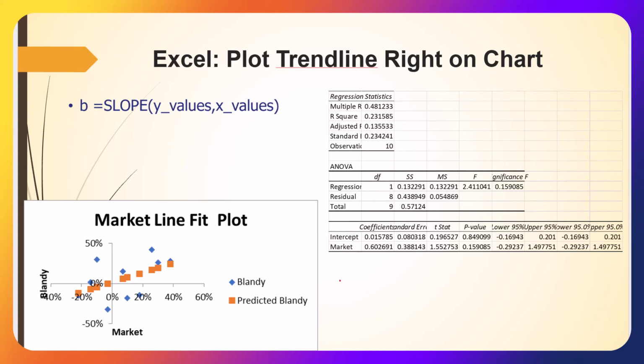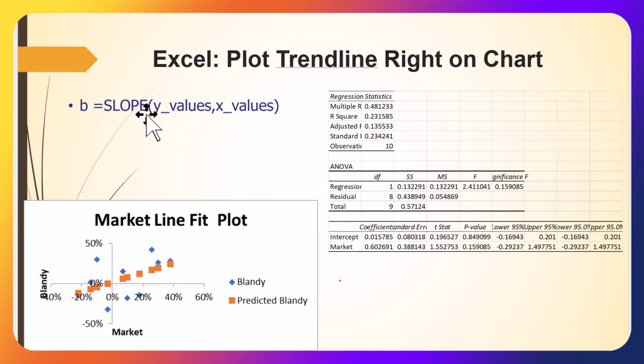Now that slope equals the stock's beta coefficient. So if we look at the actual statistics here, down here we have the market. That is the beta, so that coefficient right here, 0.602. If you remember, we said back on our previous slide that the beta of Blandy is 0.61.